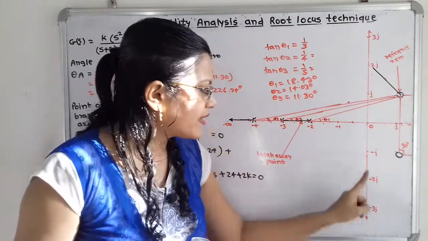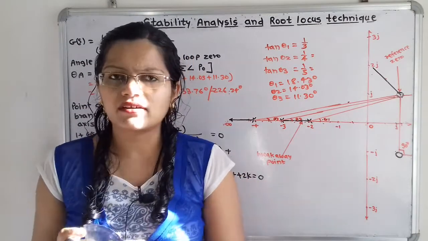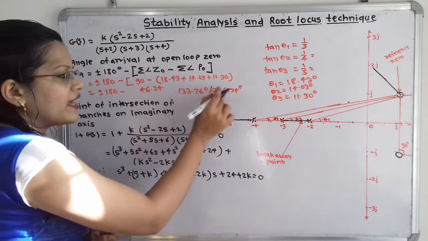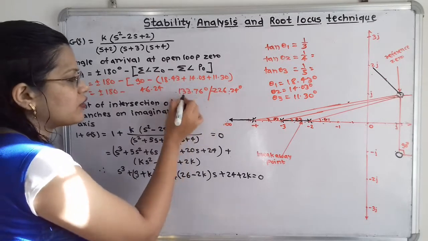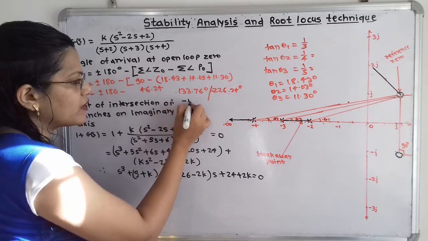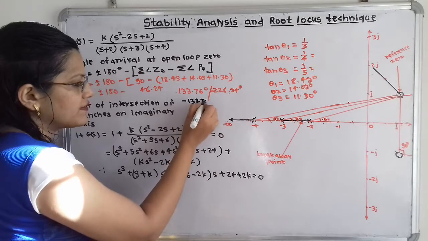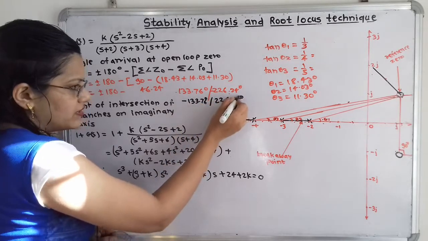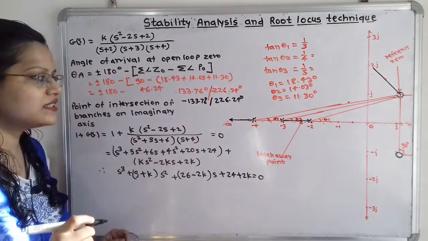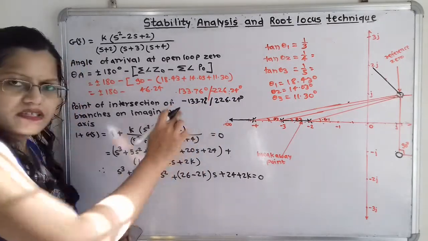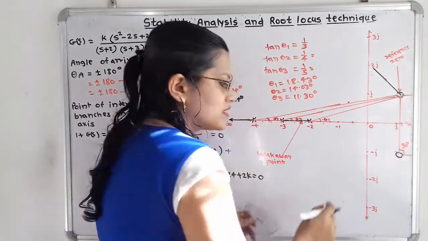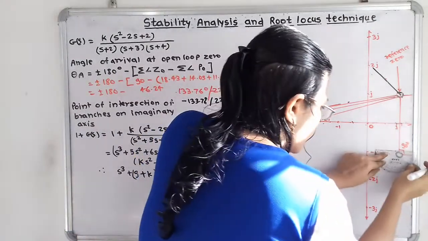Now in the same way we have to draw one more angle. How to draw it? We just change the sign. Instead of plus 133 we take minus 133.76 degrees, or 226.24 degrees. That means we just change the sign. So suppose I take minus 133, then from this horizontal line we measure the angle in the downward direction.